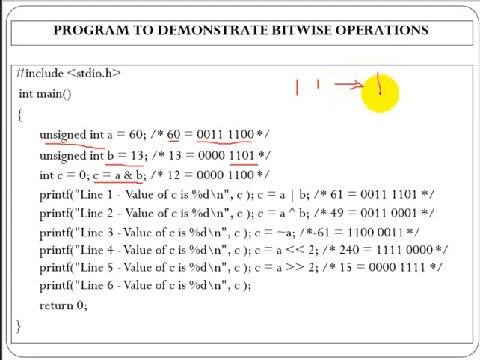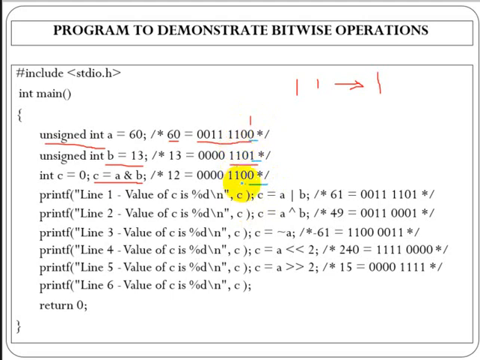You compare the first position: 0 and 1. Both should be 1 to get 1, so here we get 0.